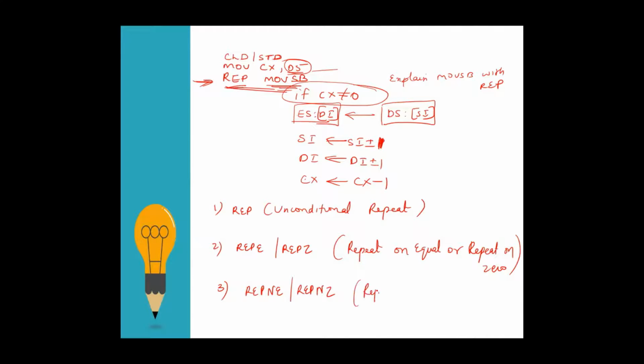So this is repeat on not equal or repeat on not 0. There are 3 categories of repeat instruction which can be used in different scenarios. REPE means repeat on equal or repeat on 0, both are the same. Repeat if not equal and repeat if not 0 are also the same. Now, these three types of repeat prefixes can be used in different scenarios.